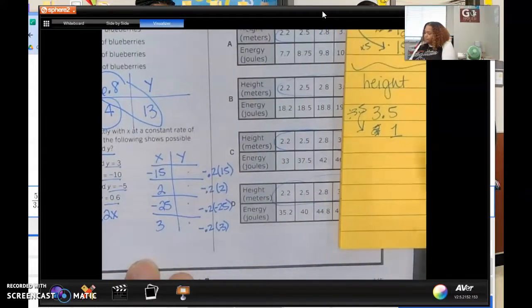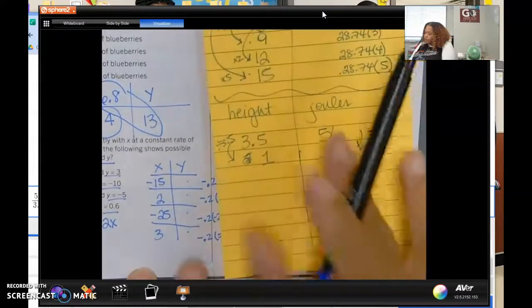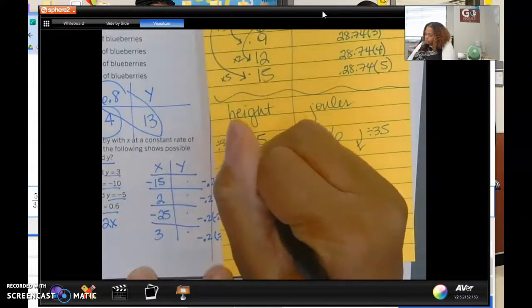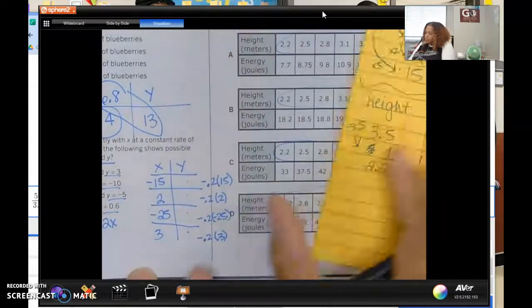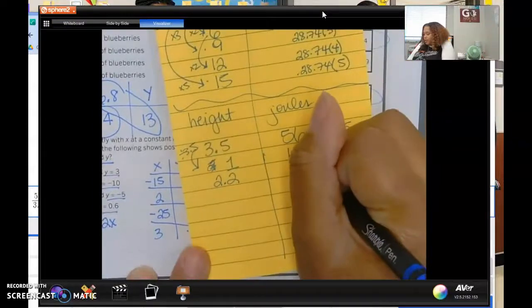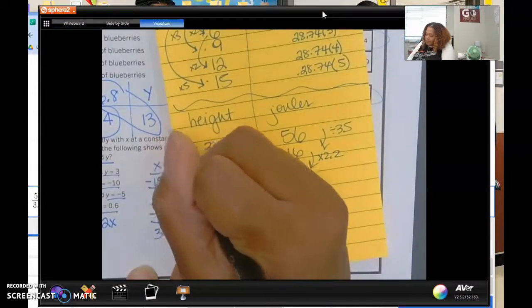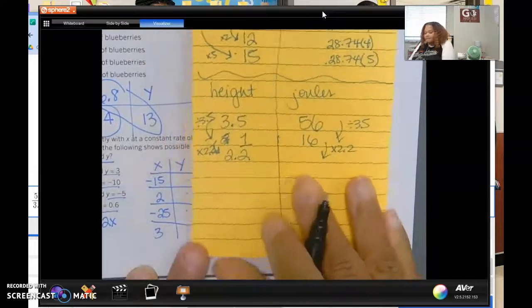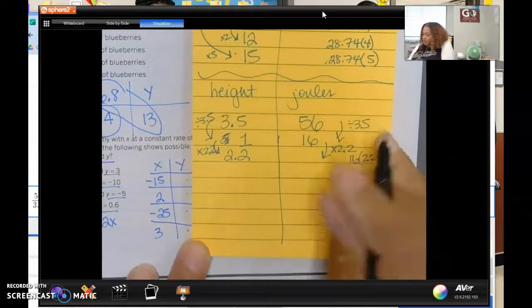So 2.2, and this is times 2.2, so 16 times 2.2 on the right and times 2.2 on the left.